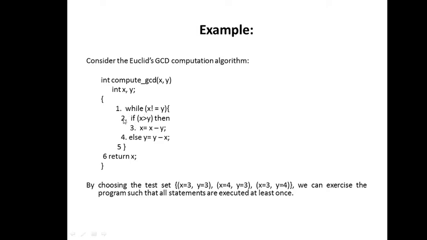The first one is your while loop, where we say x is not equal to y. One possibility is we take them equal. If the values of x and y are equal, we directly return the value of x. So when we take these two as equal, this statement is executed as well as statement 6.